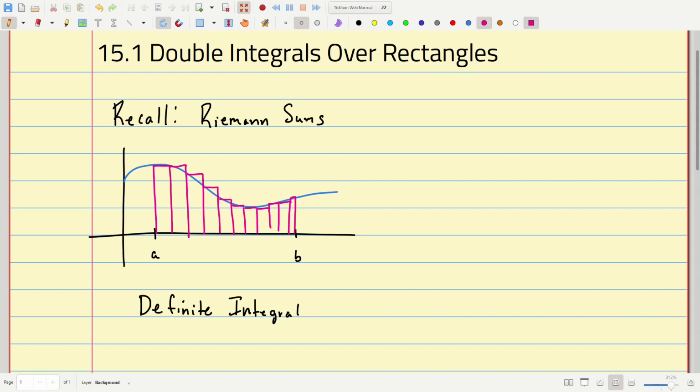So the idea is that we manipulate this situation here, and we're trying to come up with this value.